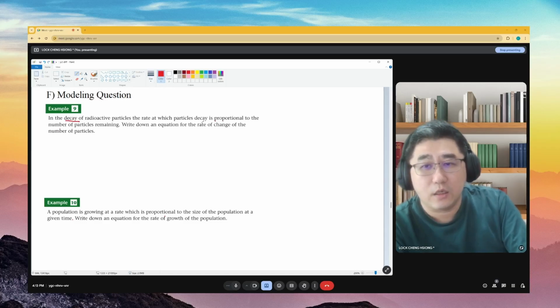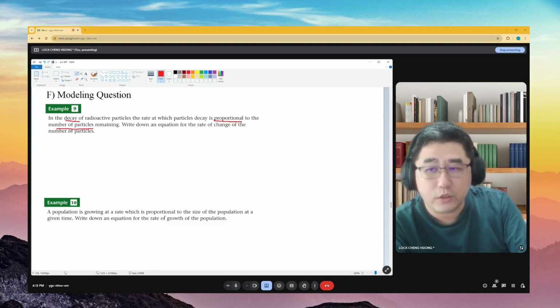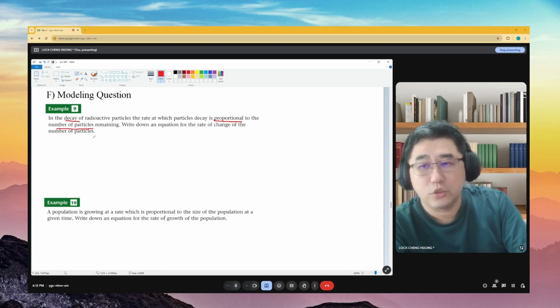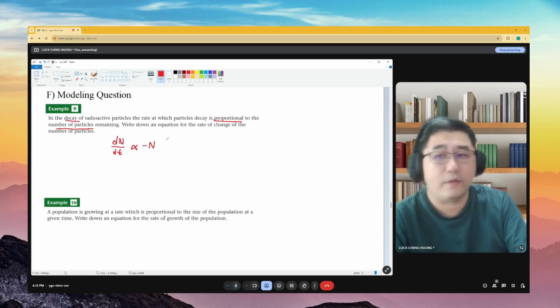Decay, proportional, number of particles. So the equation for rate of change: it says the rate dN/dt is proportional to negative N.